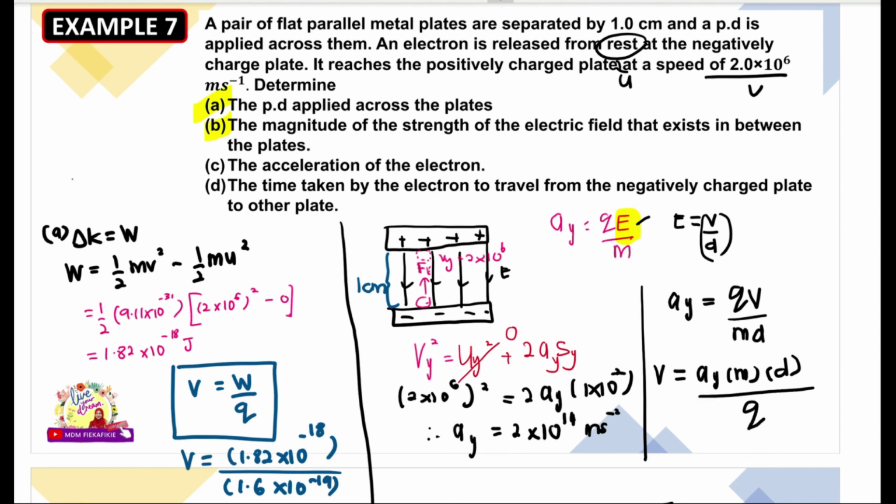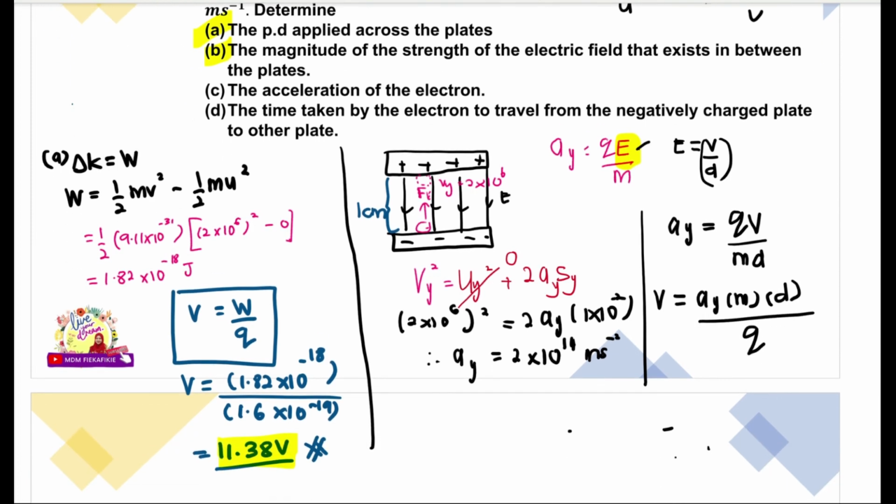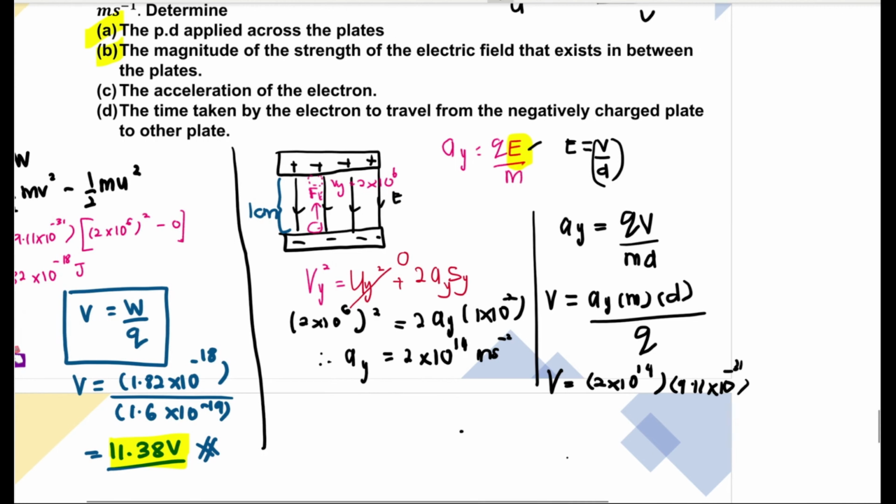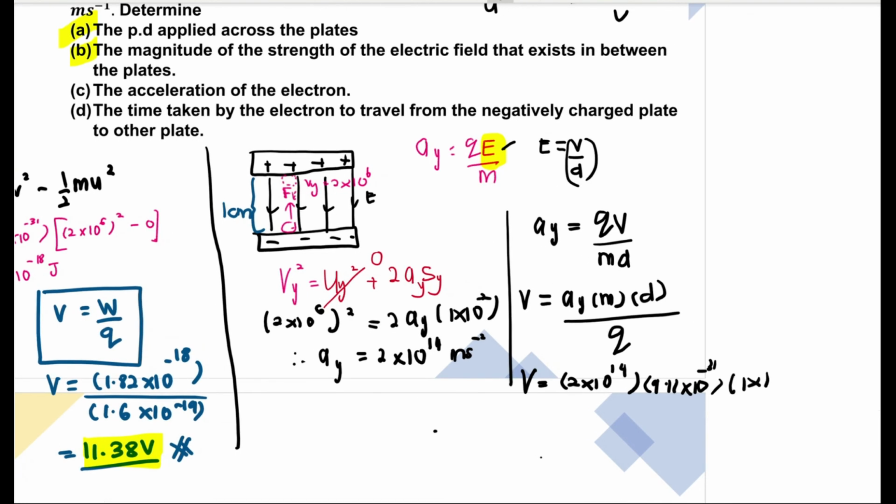So V, potential difference, is equal to 2 times 10 power of 14, times the mass of the electron, times 1 times 10 power of negative 2, over Q, which is 1.6 exponent negative 19.